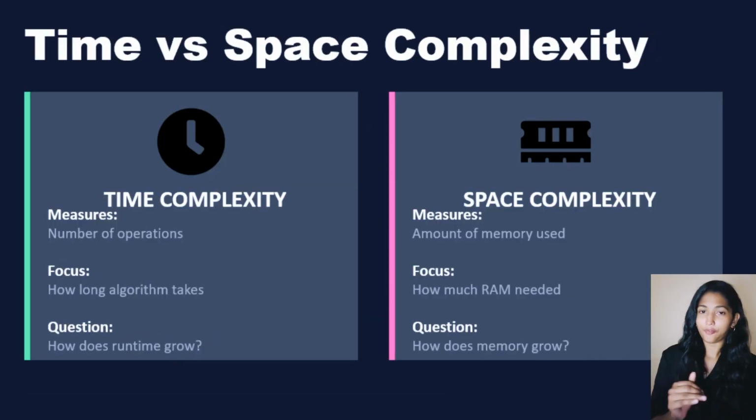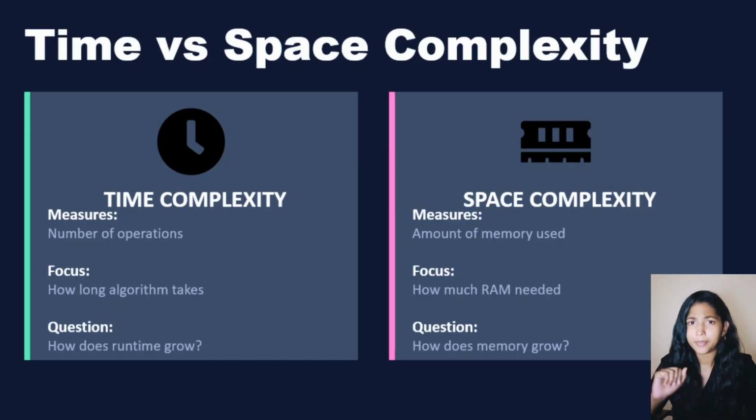Let's discuss the difference between time and space complexity. Now you might be thinking, isn't this just like time complexity? Not quite. Let me show the key differences. Time complexity measures the number of operations and is concerned with how long the algorithm takes, asking how does runtime grow with input size.